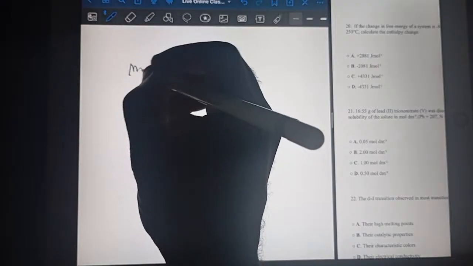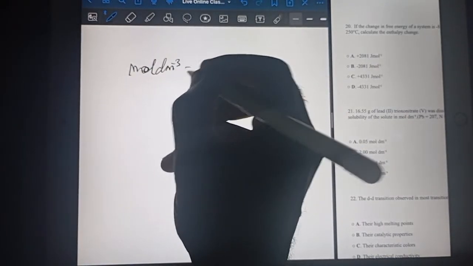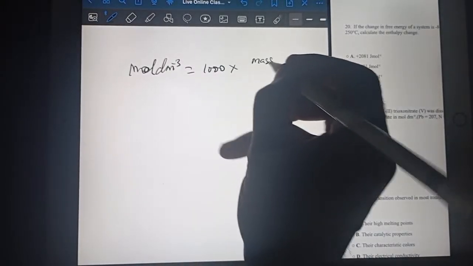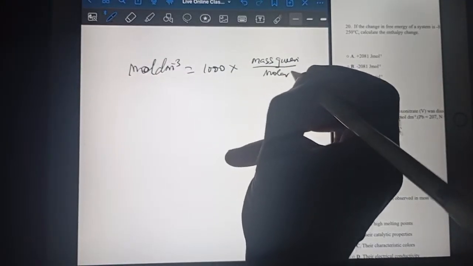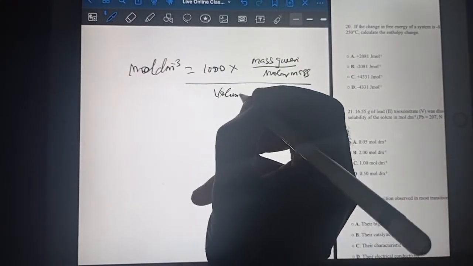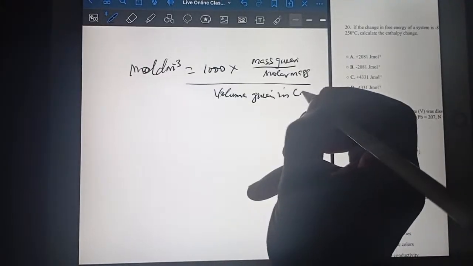You can simply just say that solubility in moles per dm cube is equal to 1000 times mass given all over molar mass, divided by volume given in cm cube.